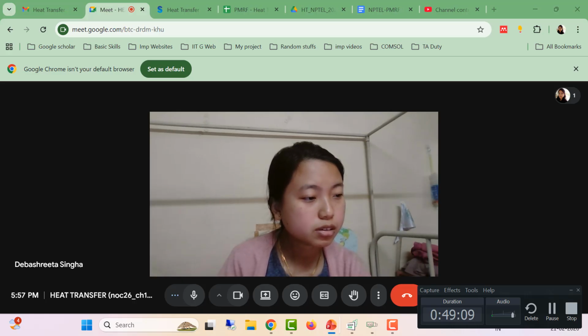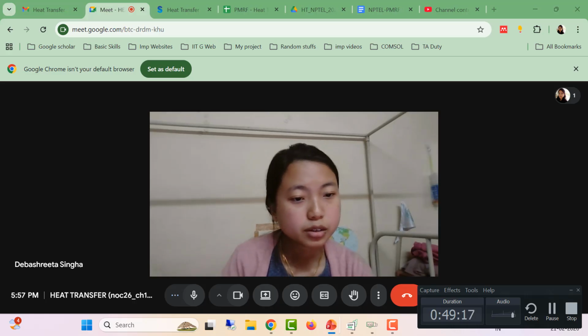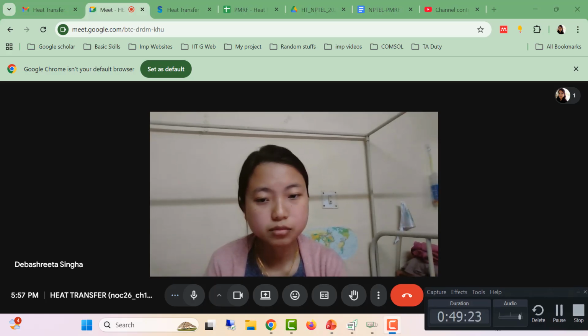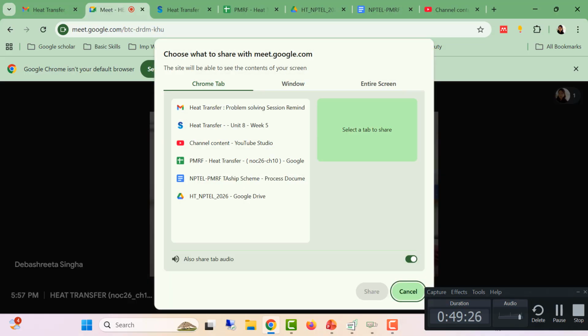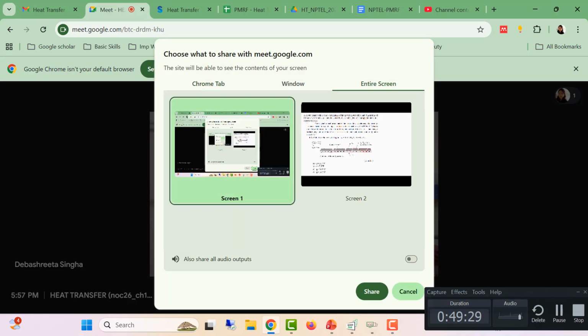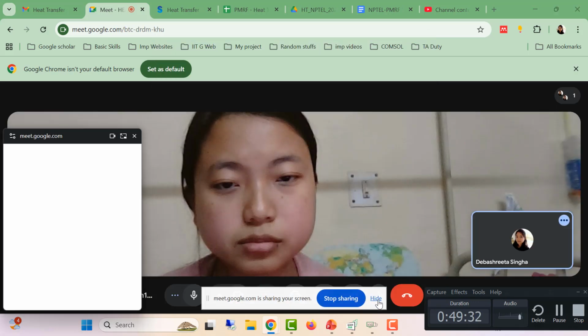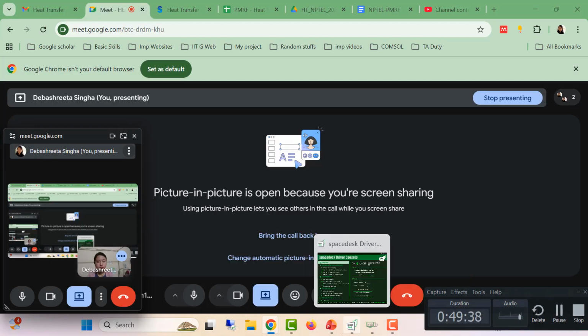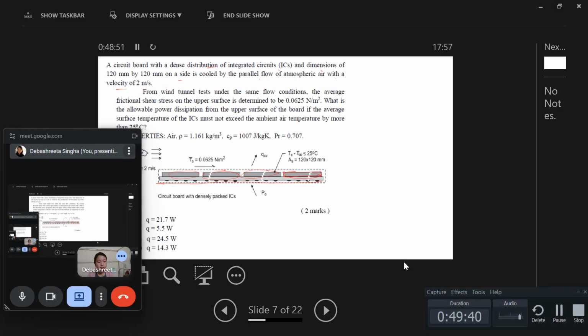So these are the integrated circuits, each of them with dimensions of 120 into 120 millimeter square on a side.